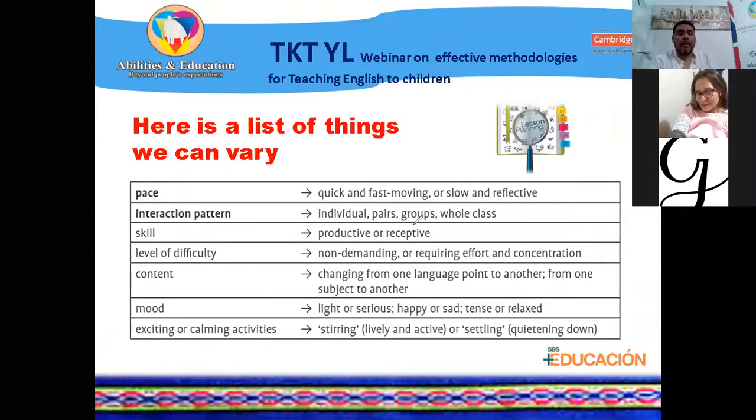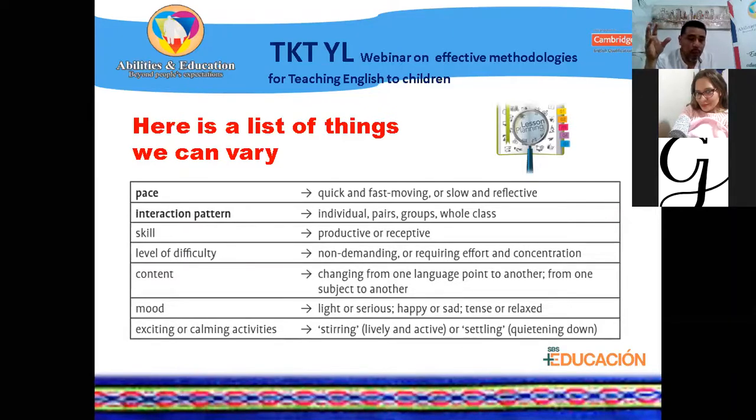All right, here is a list of things we can vary. Once again, I am telling you that we need to include variety in our planning. We can vary pace, the velocity or speed of our lesson.